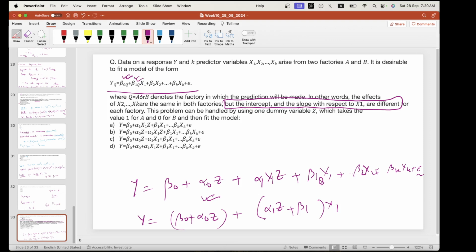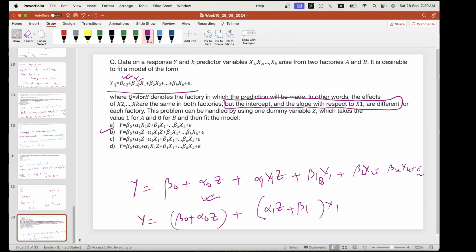Okay, so here again we see that this model actually corresponds to option B, because whichever differs, intercept is differing, add one interaction term with intercept.